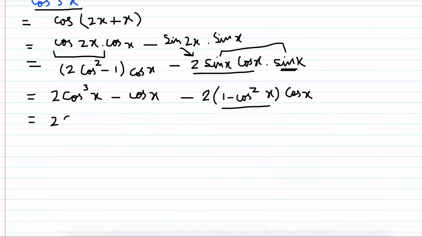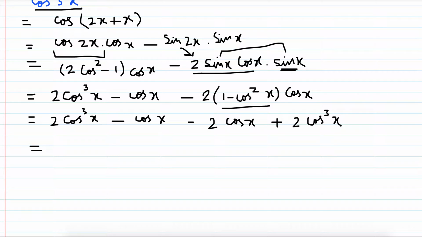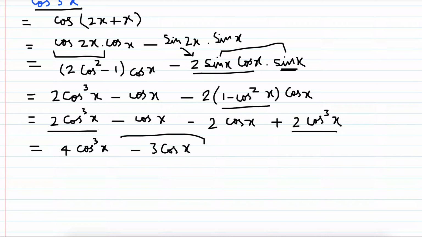So now we get 2 cos cube x minus cos x minus 2 cos x plus 2 cos cube x. Now this 2 cos cube x and 2 cos cube x becomes 4 cos cube x, and 2 and 1 cos x becomes 3 cos x. So this is our formula for cos 3x.